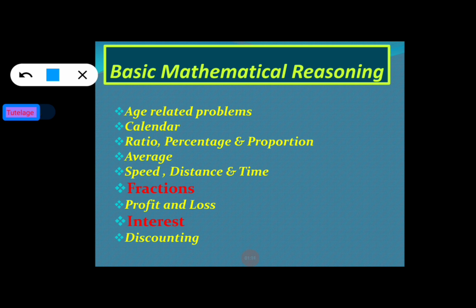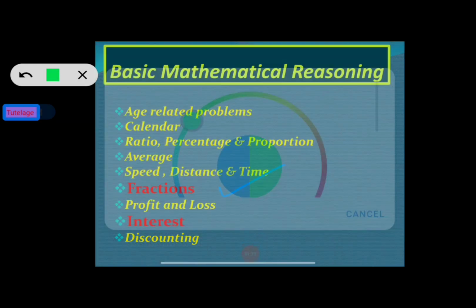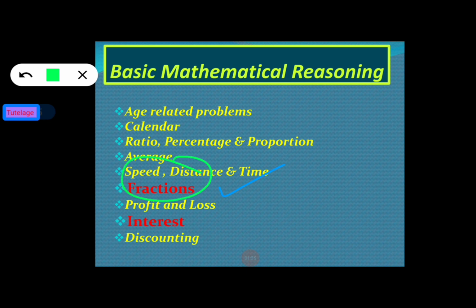But here we will discuss the basic formula of these two portions, that is fraction. Just a minute, learner, just change the color. Okay, so only the fraction and the interest portion. Okay, so now going to the main discussion.